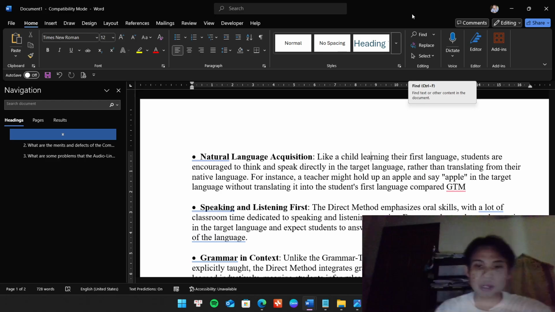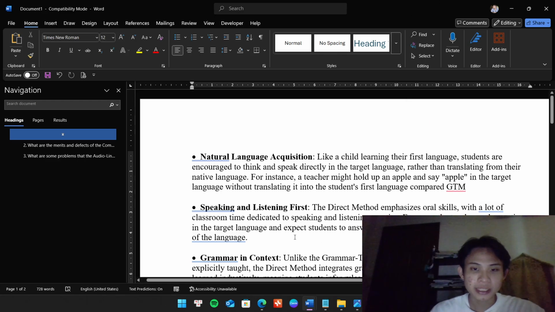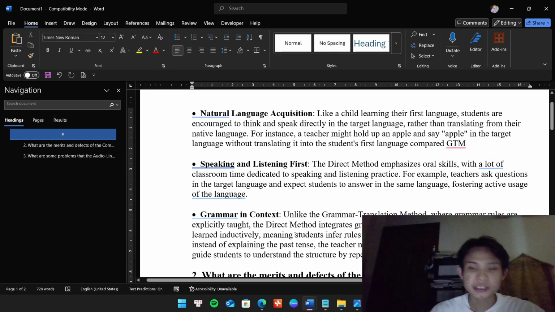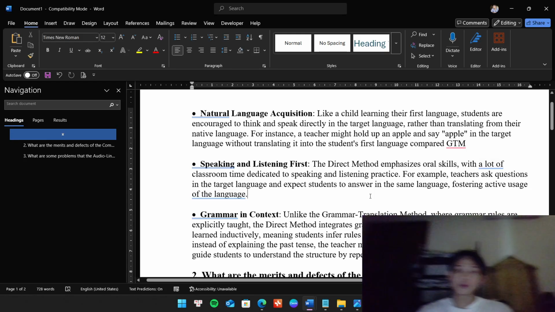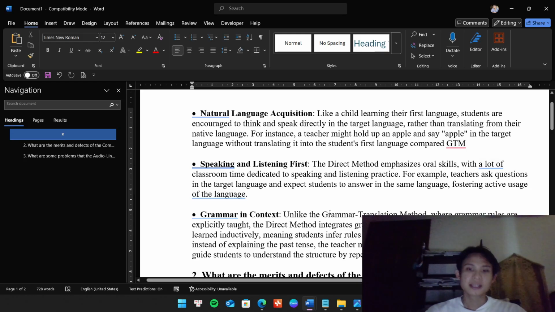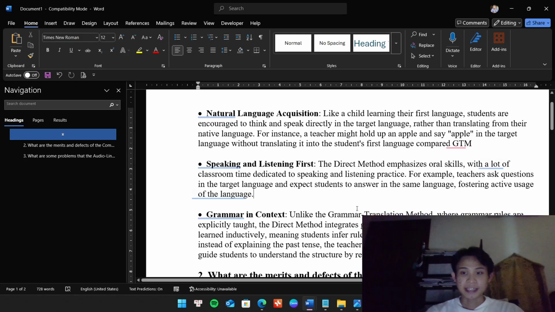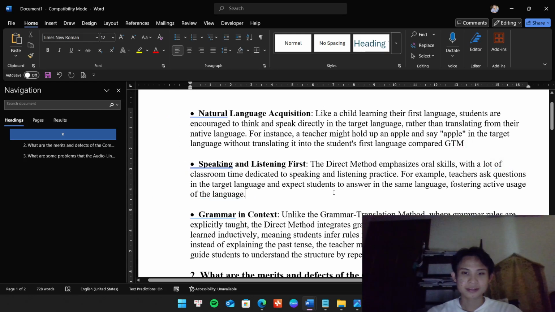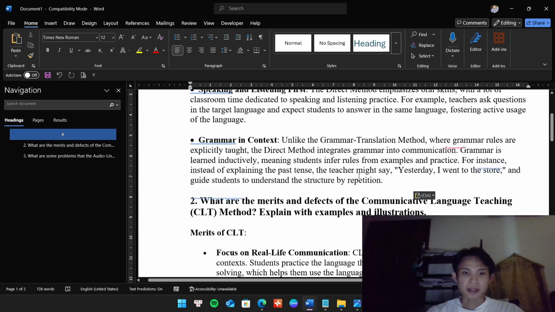The second one is obviously that teachers and students interact continuously in the class, so the speaking and listening skills will be fostered effectively, and they are going to be improved a lot. The third one is the grammar.